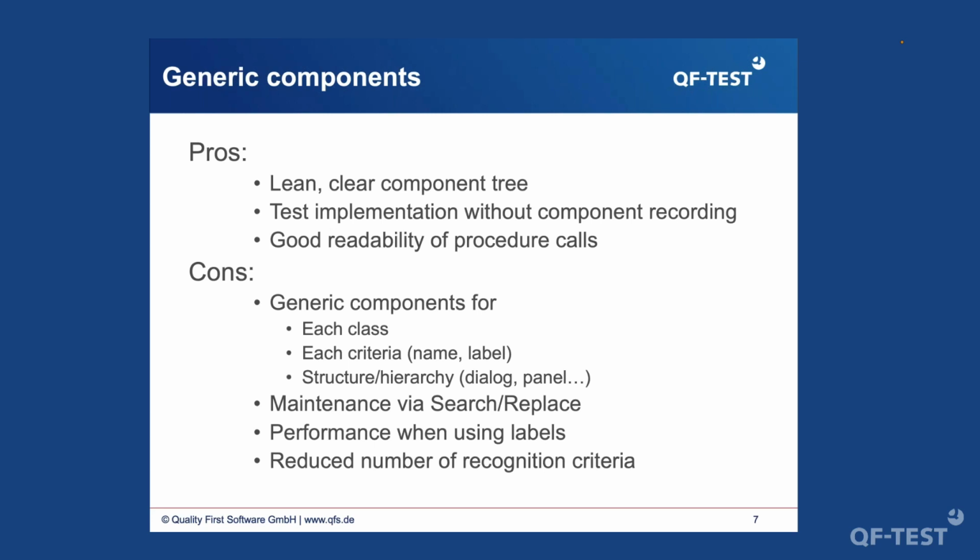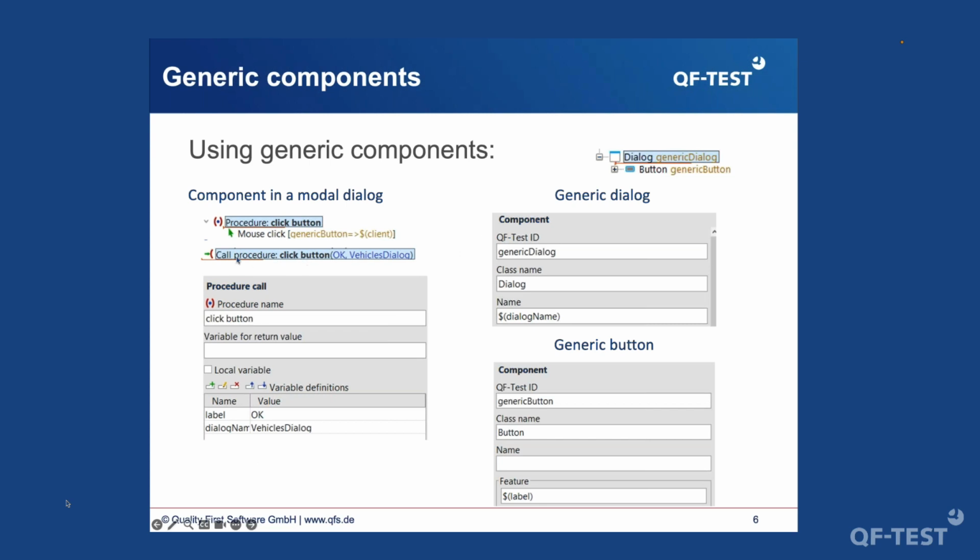You simply modify the name or the text, the label on the button which you want to click, and call the same procedure. So you don't need to record each and every button. It's also giving you good readability of the procedure calls, because if you look here, call procedure, click button, OK, and this button OK is clicked on the vehicle style, which is quite readable.